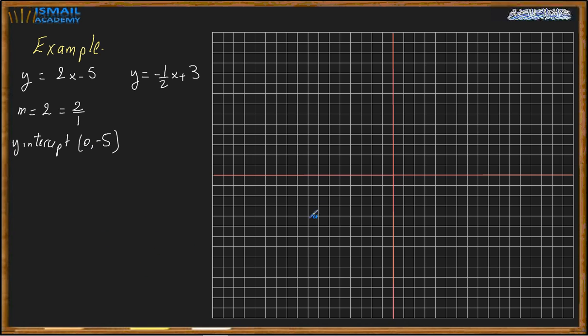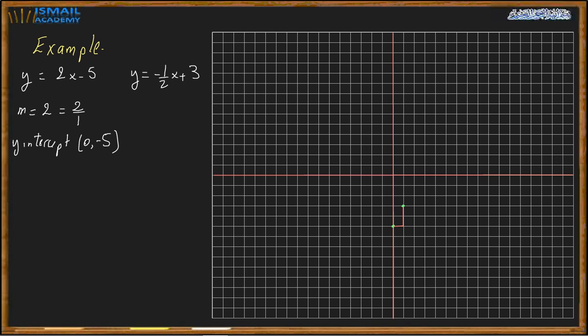So let me draw the first one. I'm going to find 0, minus 5. This is 0, minus 5, down: 4, 5, so it's here. Now I'm going to use my slope to draw the second point: 1 to the right, 2 up. There we go, the location of the second point is here.